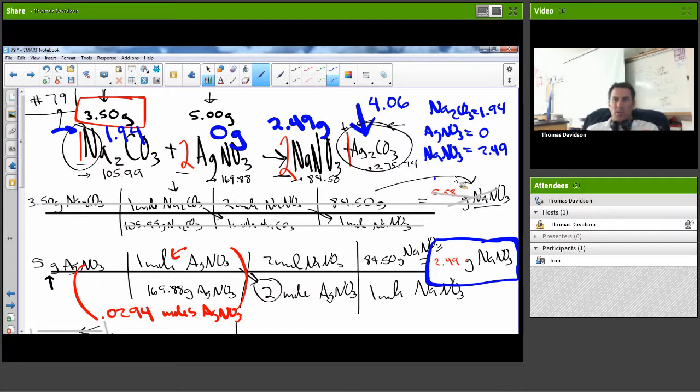And my Ag2CO3 is equal to 4.06. All right, to check that we're right, we add these up. I already did that on my calculator, and I got 8.49. This, what I started with, was 8.50. So this is very close to this, so we are correct.